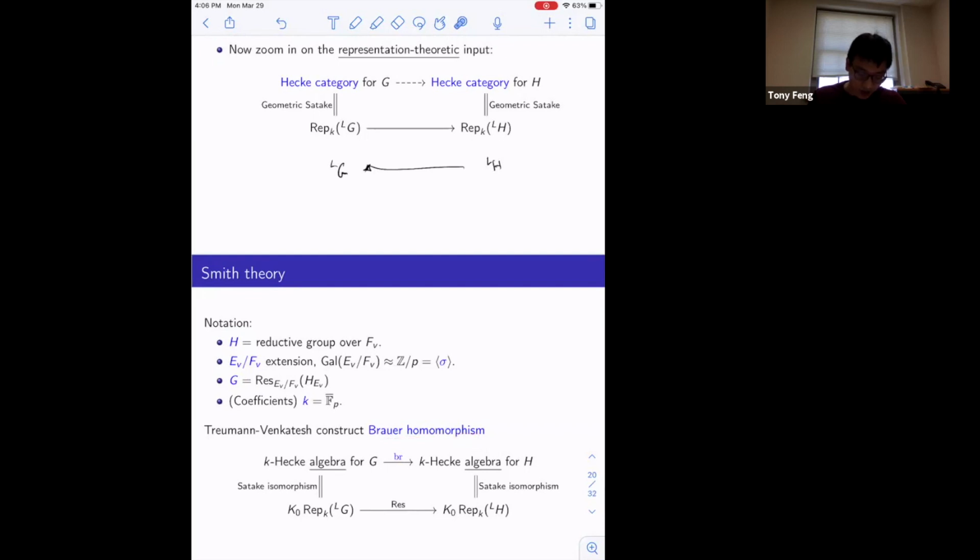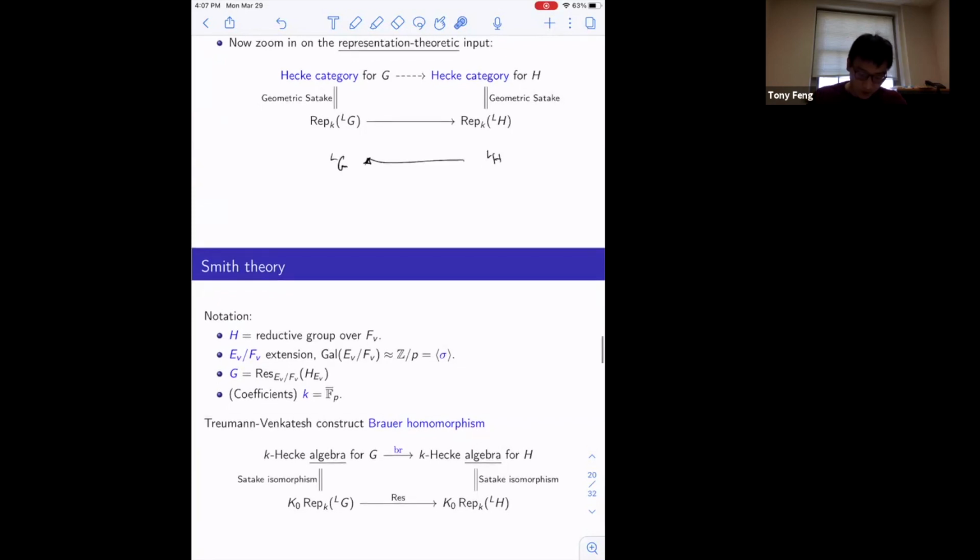Under the Satake isomorphism, identifying Hecke algebras with K_0 of representation categories, that homomorphism corresponds to the restriction functor. Of course, this is something which exists in characteristic 0, but the construction will use specific features of characteristic P, and certainly only makes sense in characteristic P.